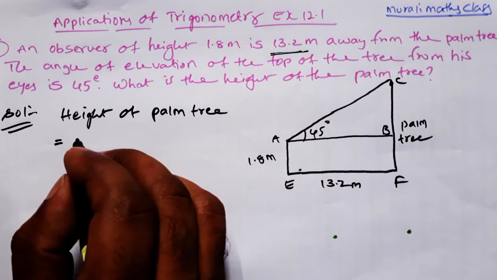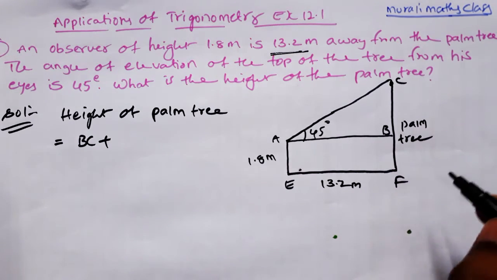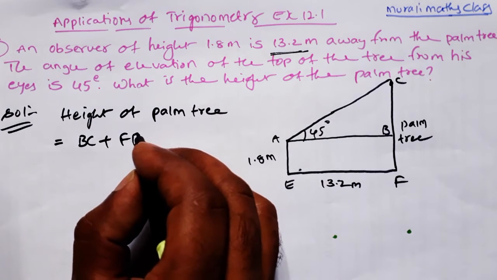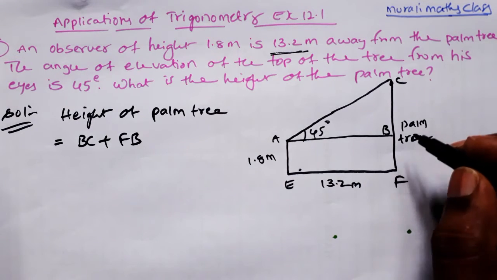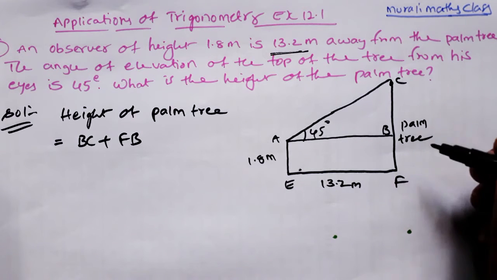CB or BC? BC plus FB. BC plus FB. Both if you add, you will get the height of the palm tree.